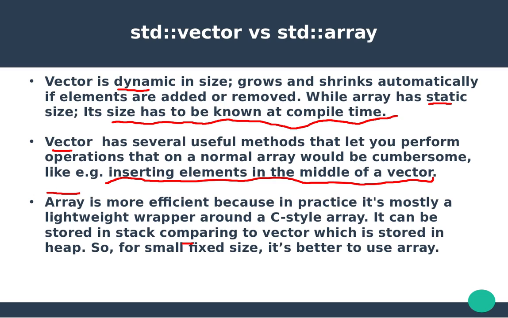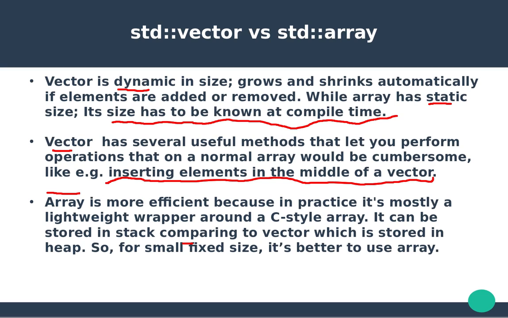So the std::array can be stored in the stack if the object that holds this array is stored in the stack. It means that this array will be stored in the stack also, while the vector is always stored in the heap, which means accessing the array is faster.